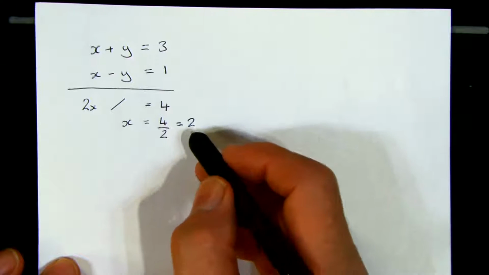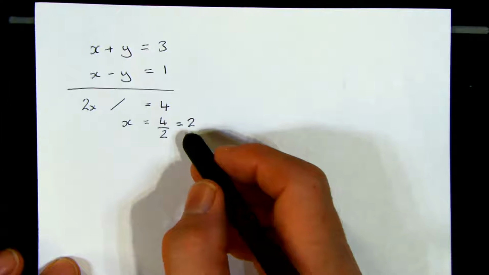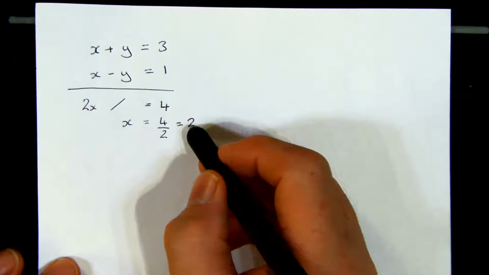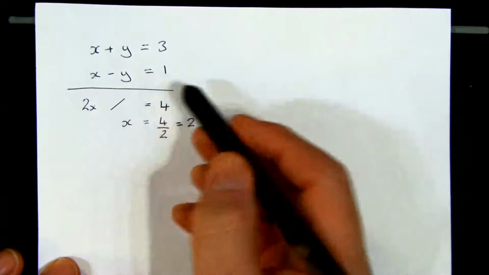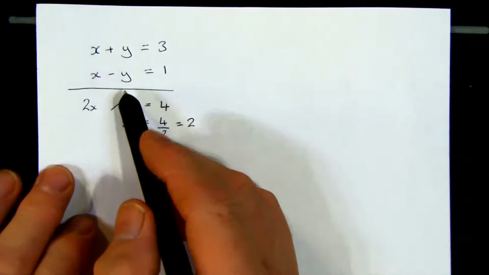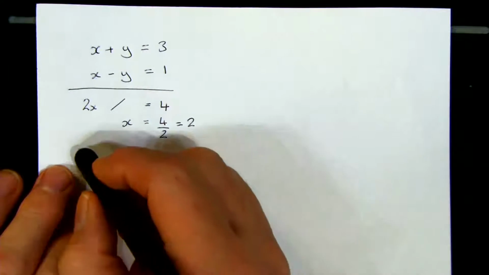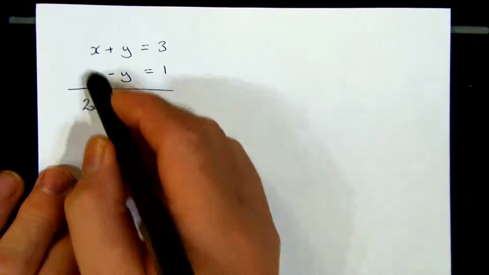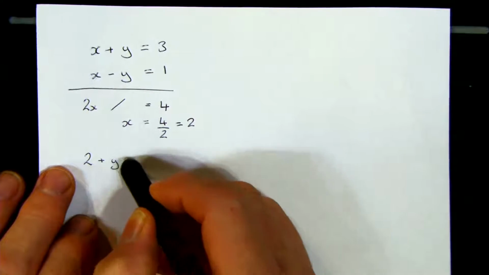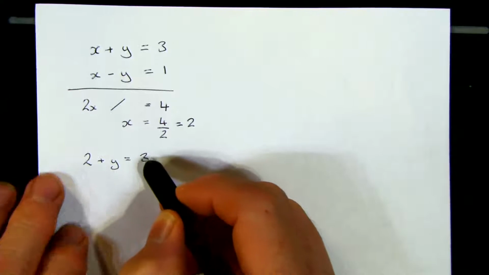Now we've got our answer to our first question. What we want to do is put this value of x back into the equation so we can work out what y is. So let's take the first one. x is 2, so it's going to be 2 plus y equals 3.